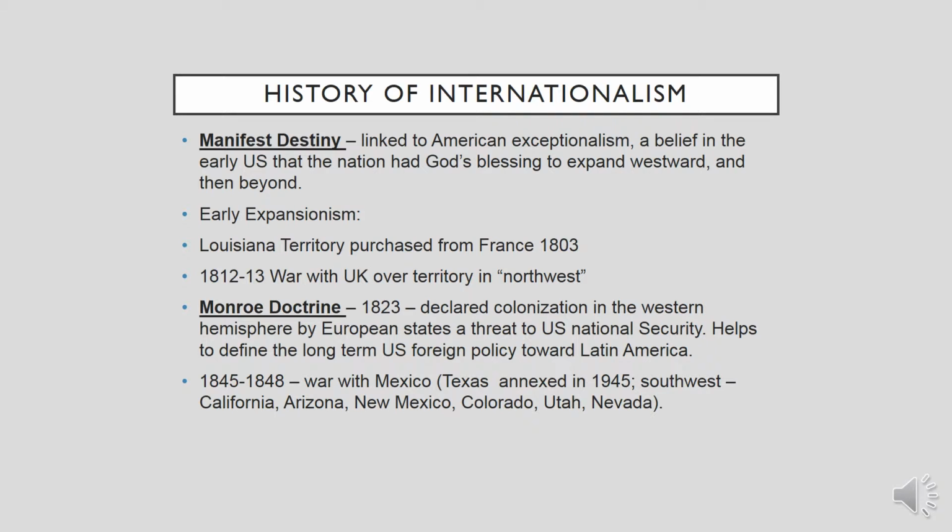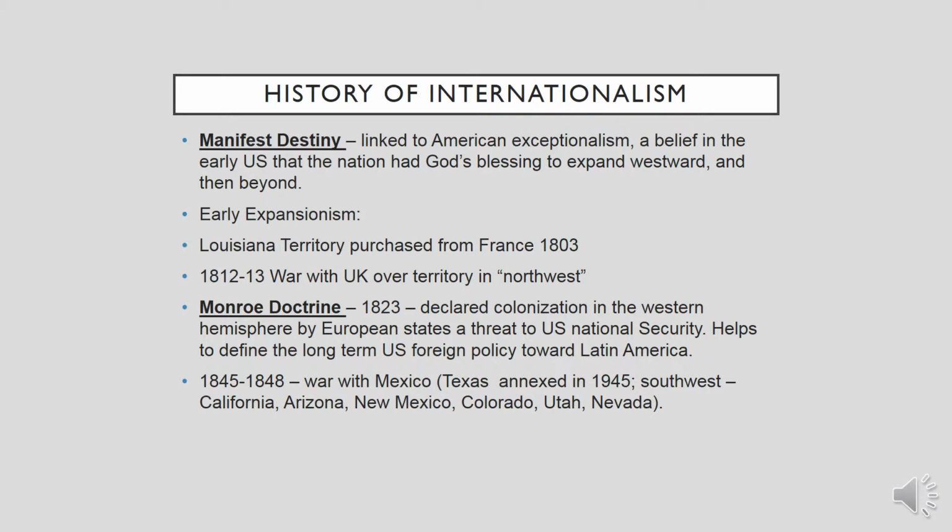We know it as an Eastern War, but in part of the aftermath of that, we gained what was then called the Oregon Territory, Northern California, Oregon, Idaho, Washington State, those areas. Another big example of internationalism during this time is the Monroe Doctrine.